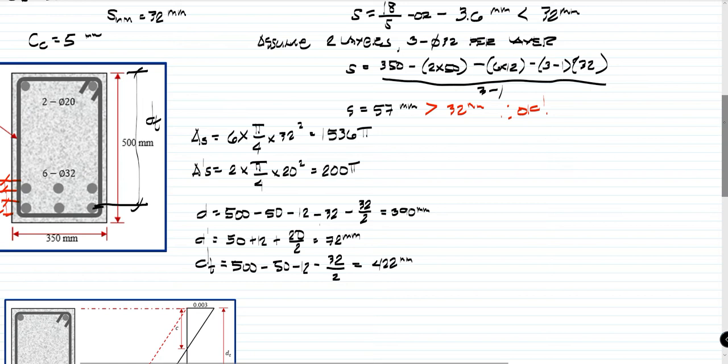So, these are now our properties, or the other properties that we can use to get the required values. After getting these values, let's proceed to determining whether we will analyze this given beam as singly reinforced or as doubly reinforced. We can't just say that when we see a compression bar at the top, we will immediately solve it as doubly.